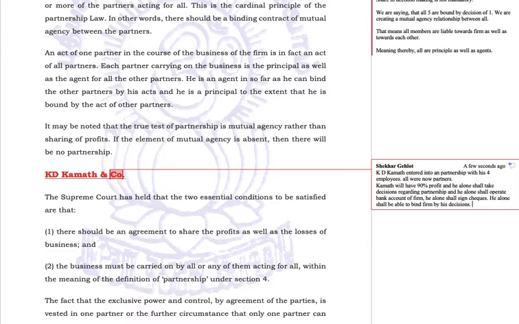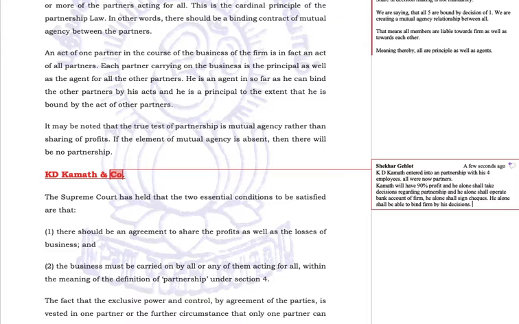He is doing whatever he wants to. He will only sign the checks, only he will operate the bank account. He alone will bind the firm and the other partners. He is able to bind the rest four with his acts, but the rest four cannot do anything without the permission of K.D. Kamath. They do not have any personal decision-making power. Will this be called a partnership?